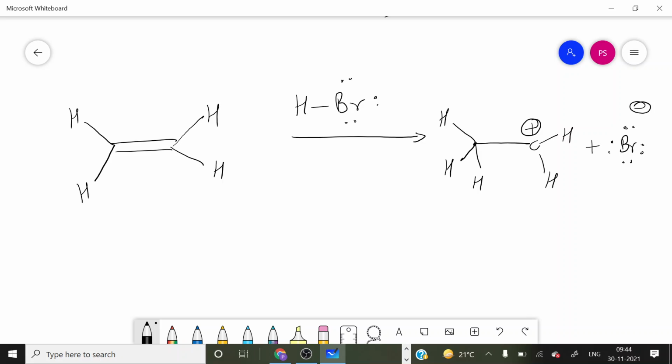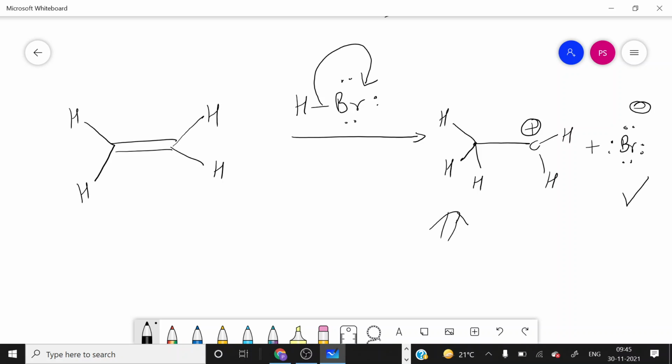You can see here bromine acquired a formal negative charge, meaning the hydrogen bromine bond must shift toward the bromine. That's why bromine acquires negative charge. And you can see here only 2 hydrogens are present on the left hand side carbon, but here 3 hydrogens are there. So one hydrogen must come from HBr.